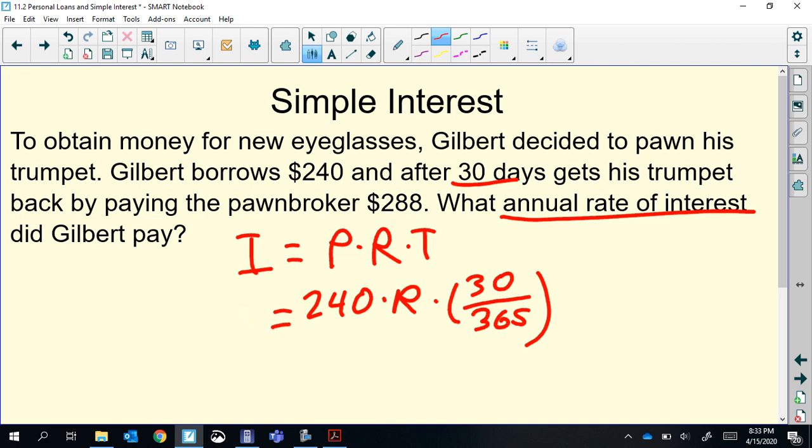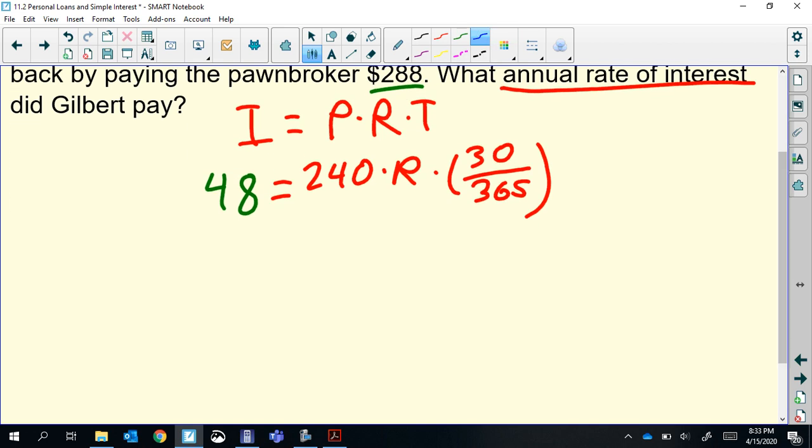So we have to look at what our interest was from 240 to 288. That means that it gained, you're just subtracting here, $48 is our interest there. So same sort of solving that we did before.